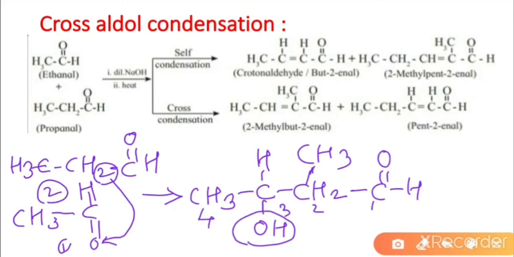At the second carbon, a methyl group is present. 2-methyl, but-2-enal. After dehydration of this compound, means this hydrogen atom is removed with the hydroxyl group, we get this product: 2-methylbut-2-enal.